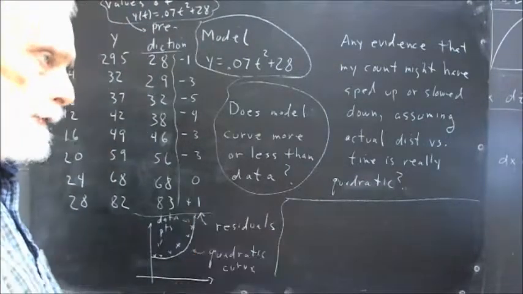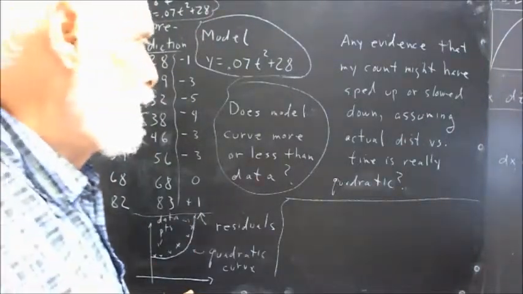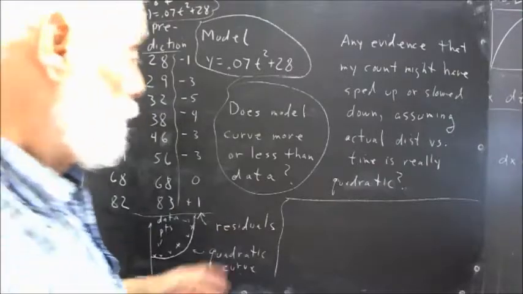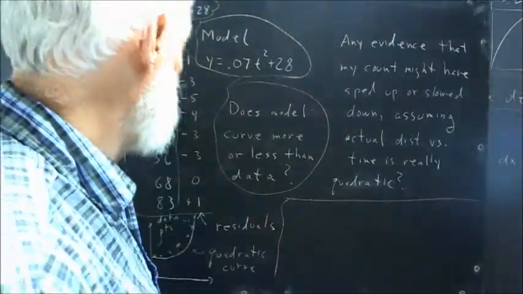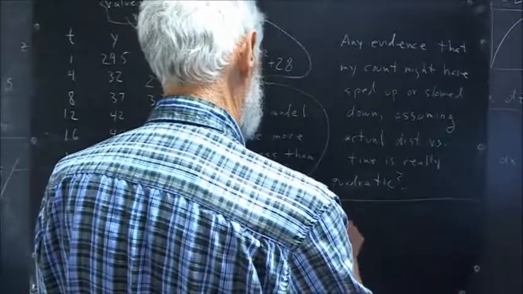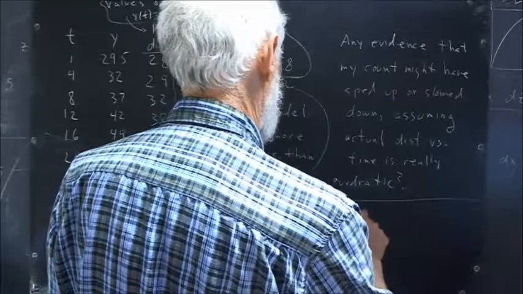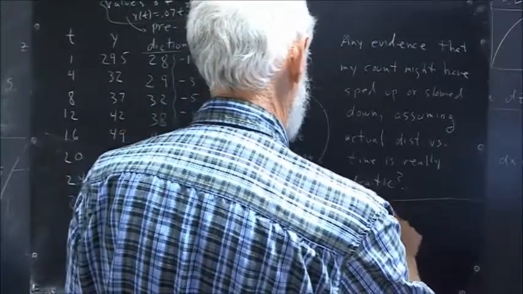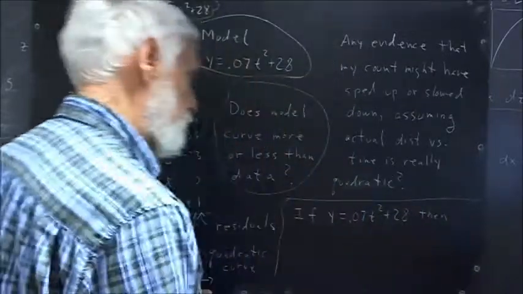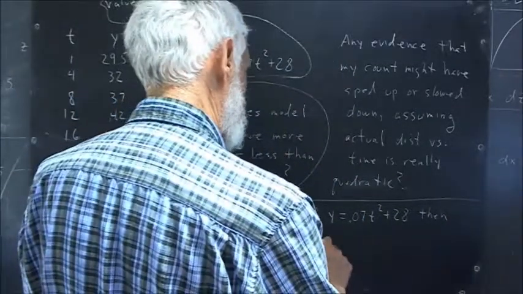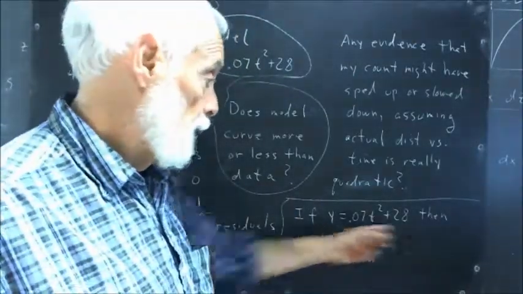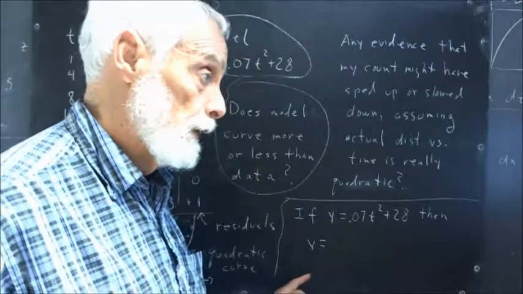Well, it turns out, and if you know calculus, of course, if you're a Math 158 student, you probably don't, but there's kind of a neat little calculus connection here. If y equals 0.07 t squared plus 28, then the corresponding velocity, and if you do know calculus, you're simply going to take the time derivative of your position, you're going to get your velocity.